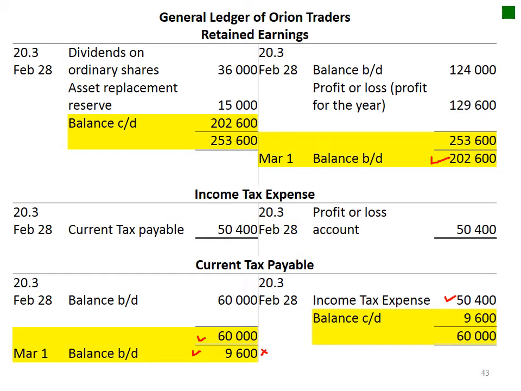It's not a liability. This 9,600 will probably go towards paying the next year's tax then, the tax for the year ended February 2004. But it's important to note that it is possible for your payments to actually exceed your liability, and then you'll end up with a prepayment, which is a current asset.